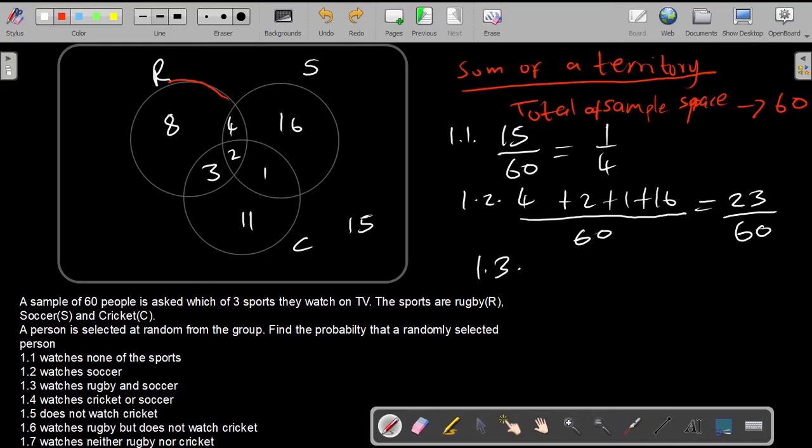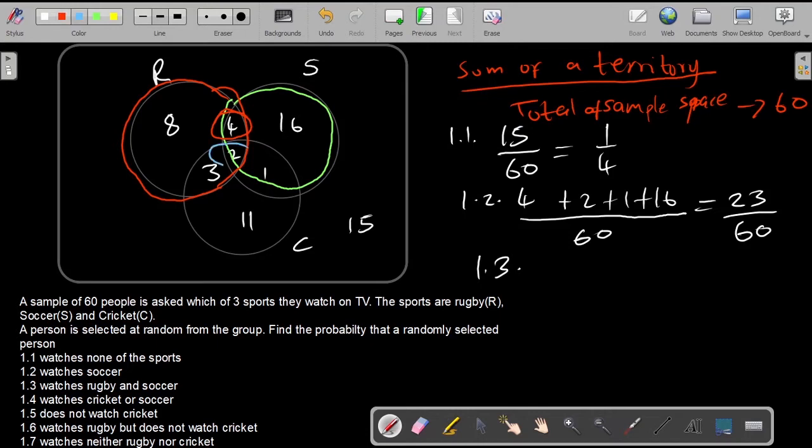The R circle is over here for rugby, and the S circle is over here for soccer. We're interested in the intersection of these two, and these two intersect here, where we have people who only watch rugby and soccer. So that is the portion where people only watch rugby and soccer.